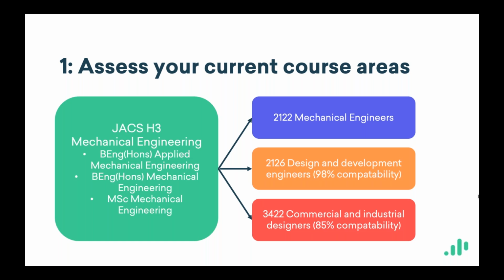And so here we've got some examples of SOC codes. 2122, mechanical engineers, but also 2126, design and development engineers, 3422, commercial and industrial designers, and we're able to look at the compatibility of those occupations to that particular qualification, and give it a direct match in terms of how compatible it is, so we can give it a rating.